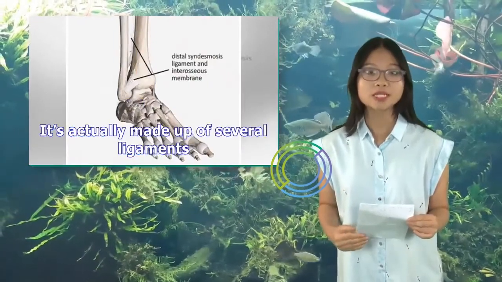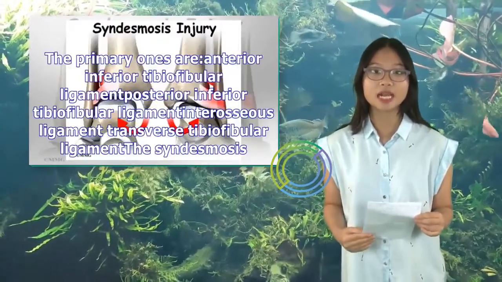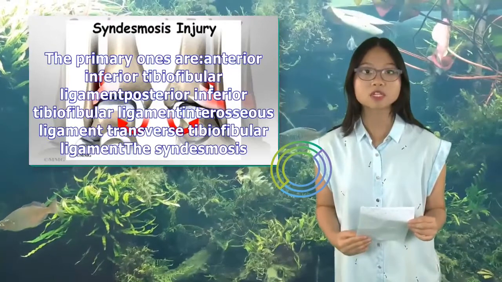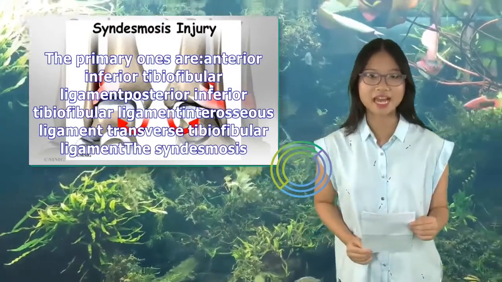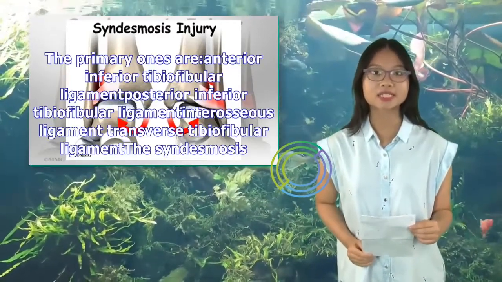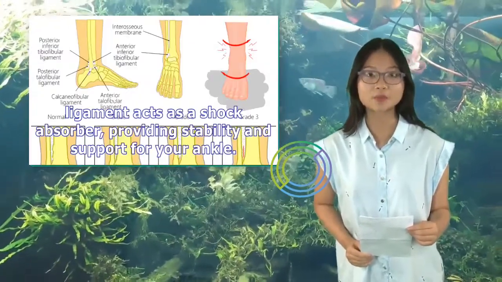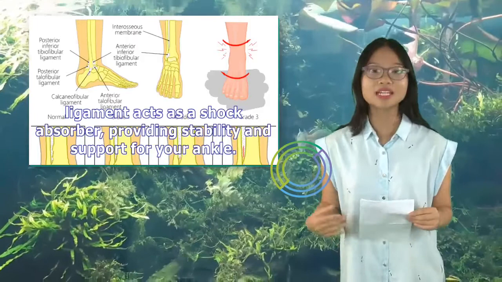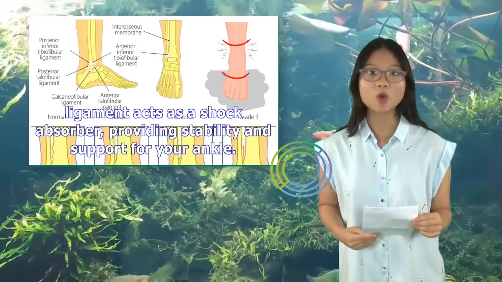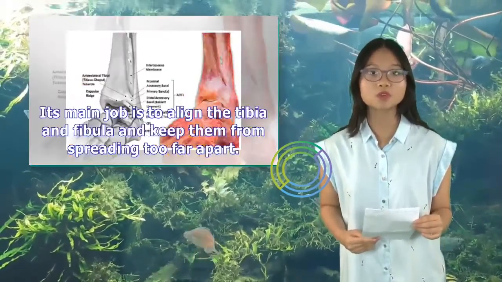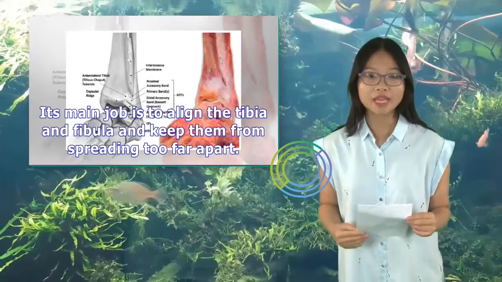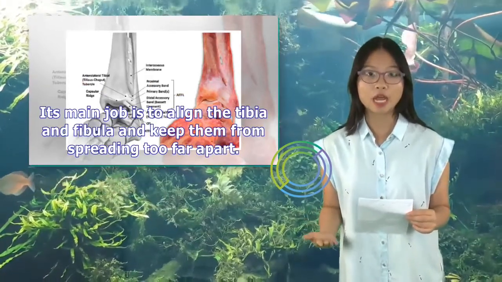It's actually made up of several ligaments. The primary ones are the anterior inferior tibiofibular ligament, posterior inferior tibiofibular ligament, interosseous ligament, and transverse tibiofibular ligament. The syndesmosis ligament acts as a shock absorber, providing stability and support for your ankle. Its main job is to align the tibia and fibula and keep them from spreading too far apart.